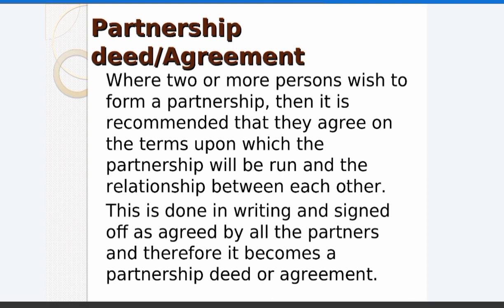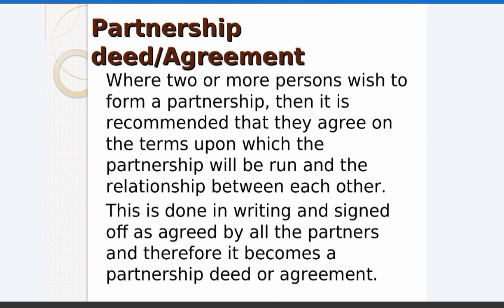So in essence, we are saying that the partners who come together to form a partnership should come up with the terms and conditions on how the partnership will be run and how they relate to each other in that partnership. That calls for writing and signing an agreement that binds all the partners.